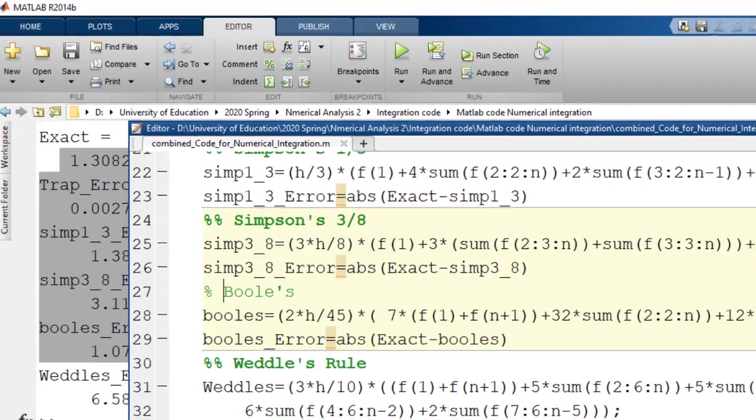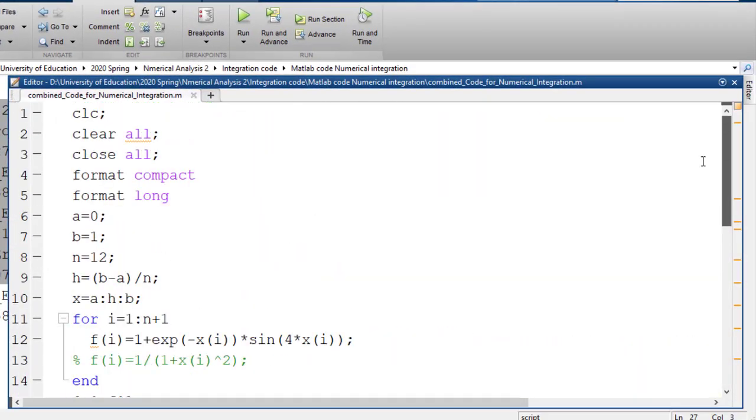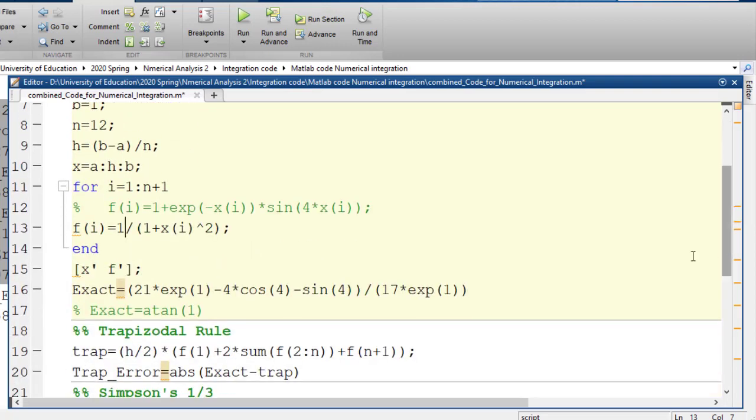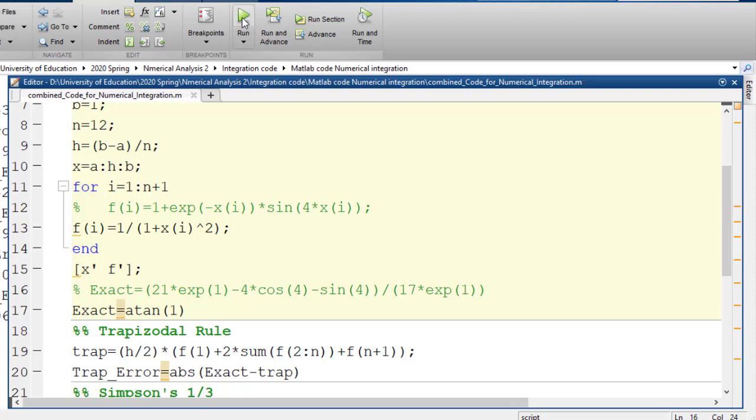So now we will come to the next example. For the next example, the domain is 0 to 1, n is equal to 12, the function is 1 over 1 plus x square, and the exact solution is tangent inverse of 1. So now we execute it.